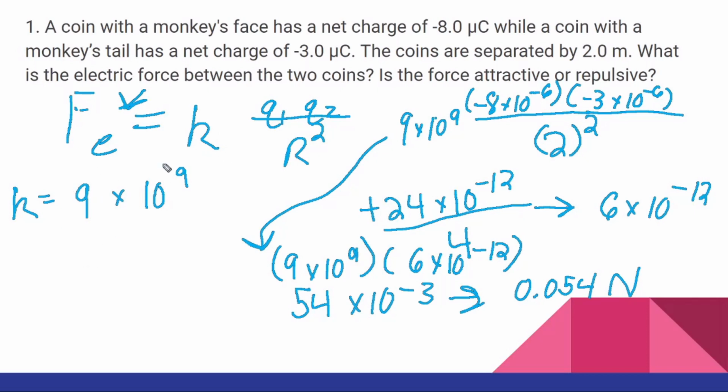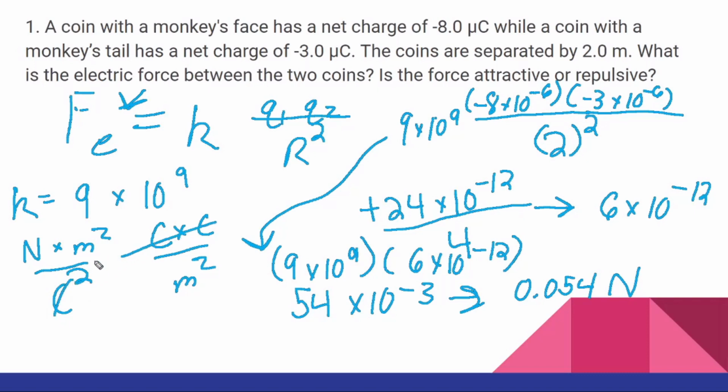We know that Coulomb's constant has units of newtons times meters squared over Coulomb squared. And then for the other part of the equation, we have Coulomb times Coulomb over meters squared. So these cancel out, leaving us only with newtons.